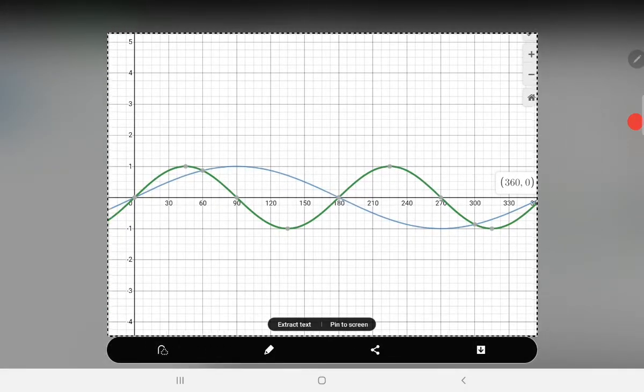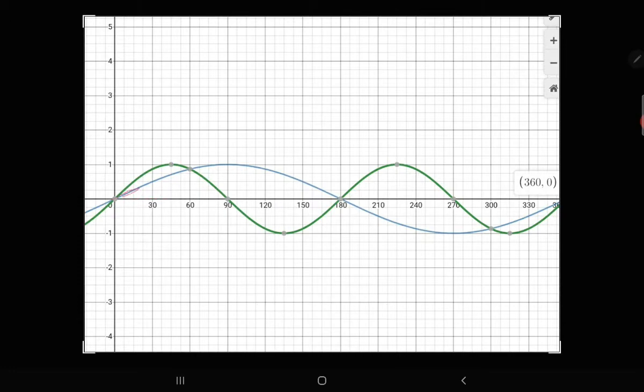We did have a period of 360 where we had one full cycle until 360. But now it looks like we've got 2 full cycles. And so what has happened is, look at this. We went from a full period of 360 to now being 180.